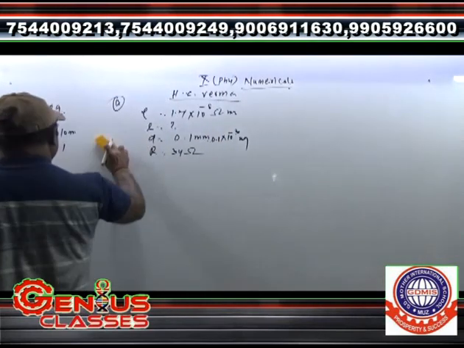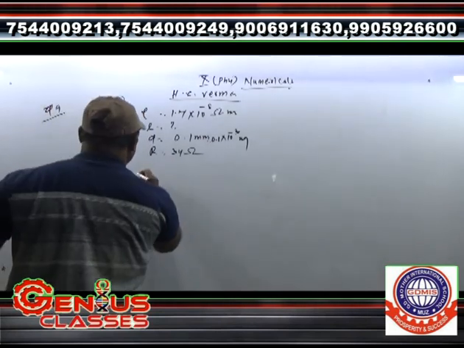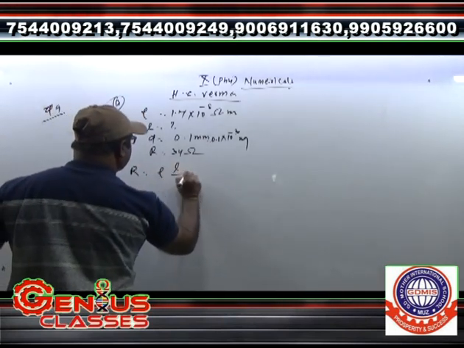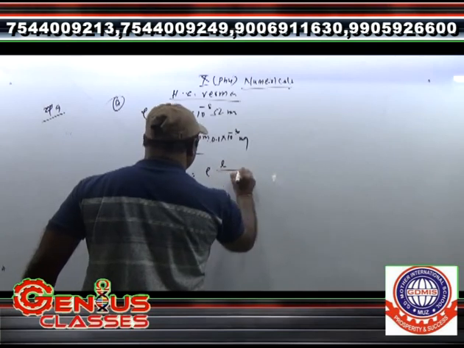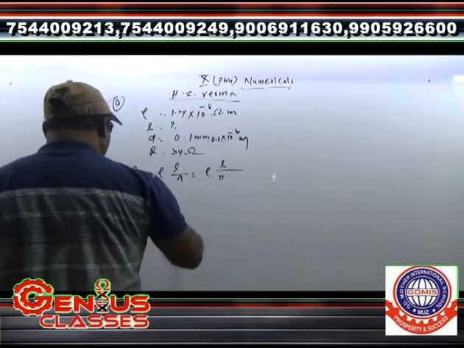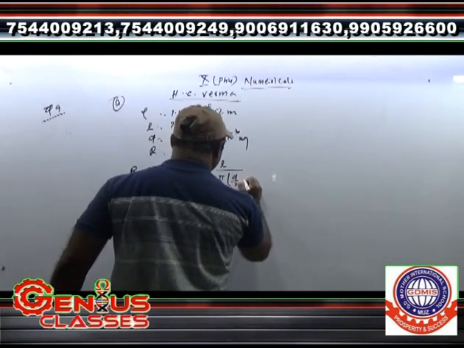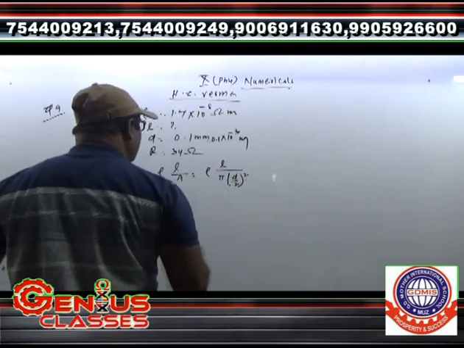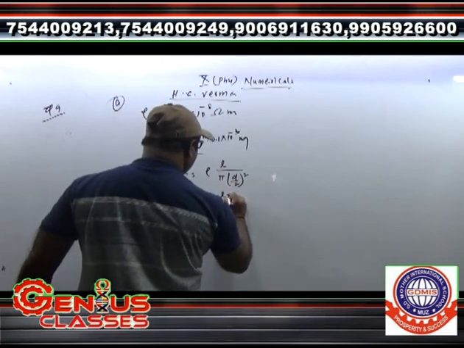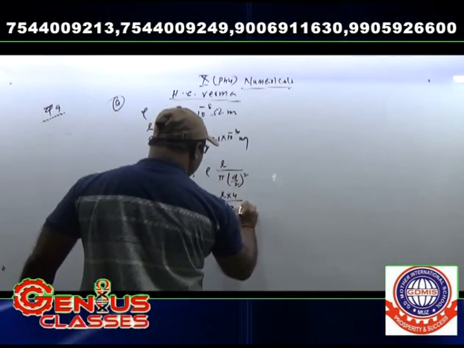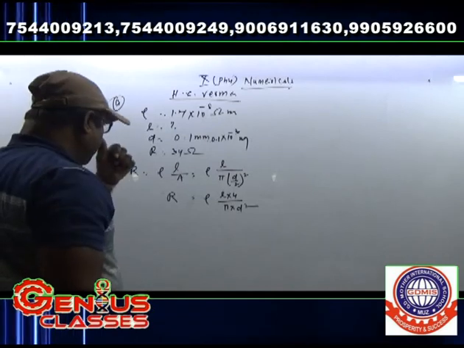R is equal to rho L by A. A means pi r squared. And here the diameter is given, so we can write pi times D by 2 whole squared. So R is equal to rho L into 4 by pi D squared.